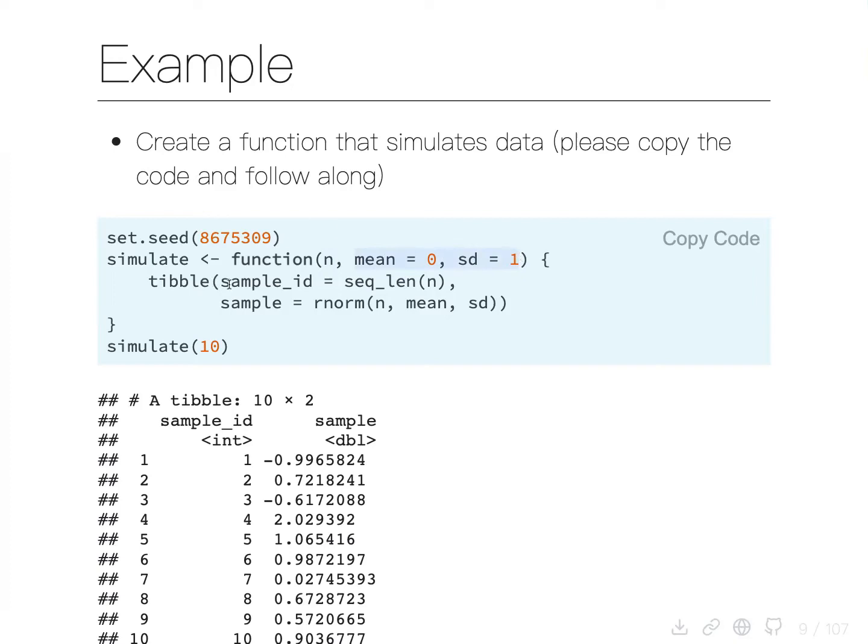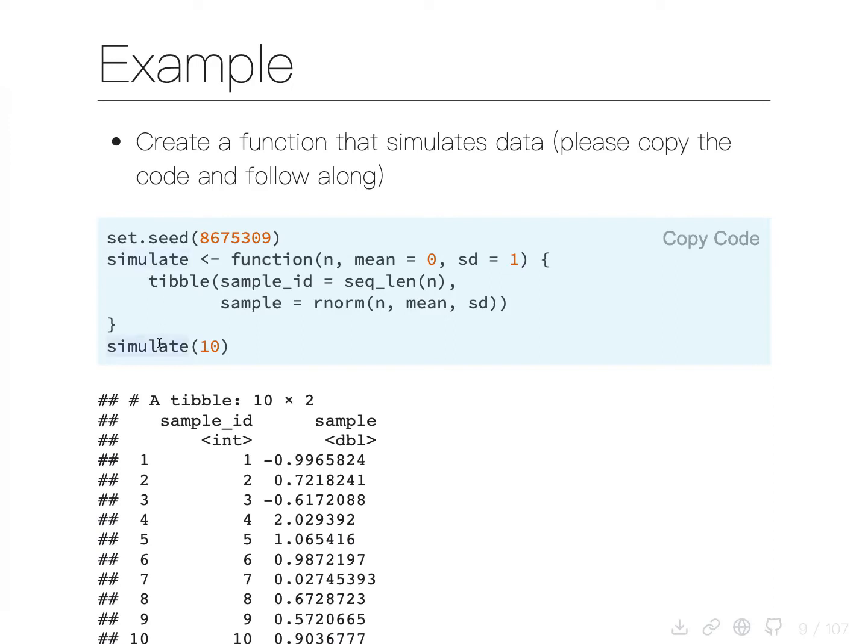It's going to return a tibble that has a sample ID, which is just a sequence the length of n. And then it gives me my sample back, which is a pull from a random normal distribution with the n, mean, and standard deviation that are supplied. I'm calling this function simulate.